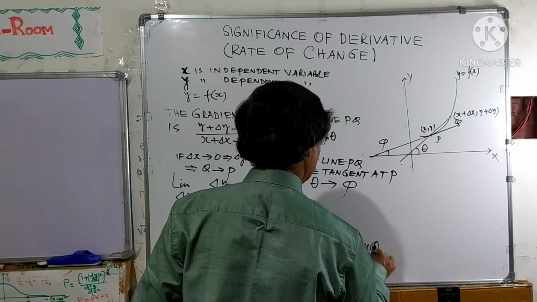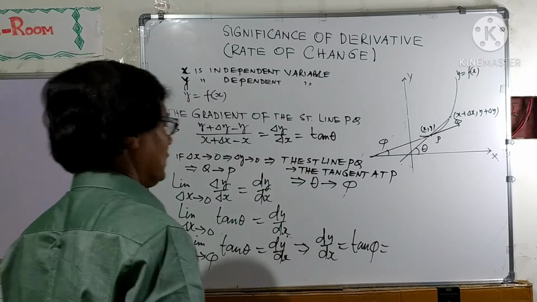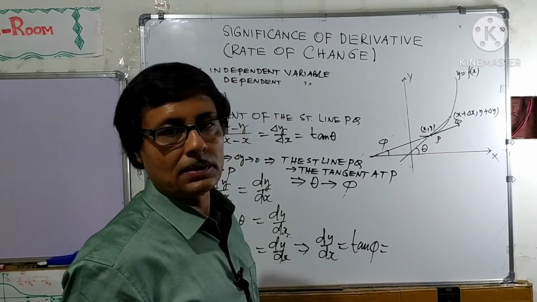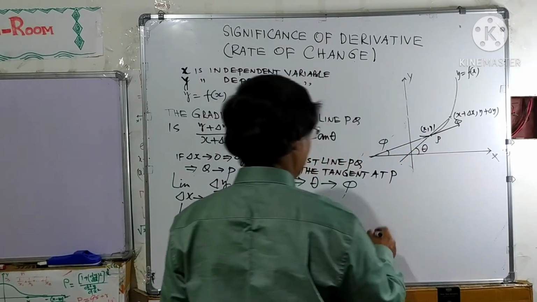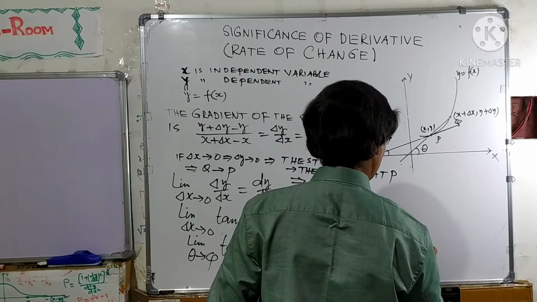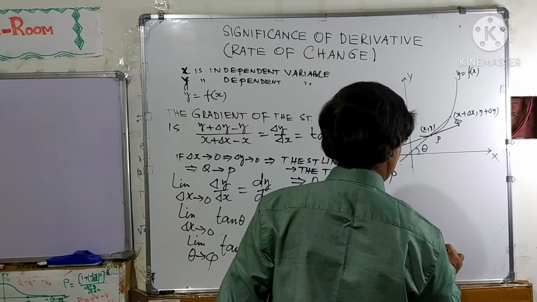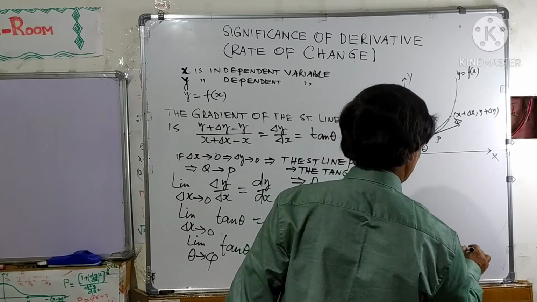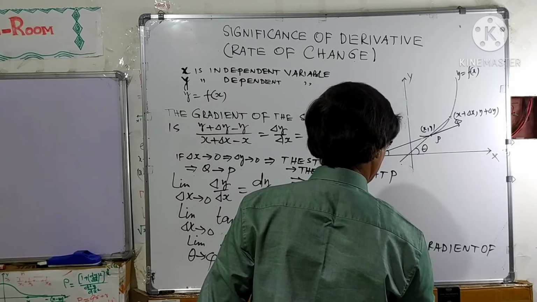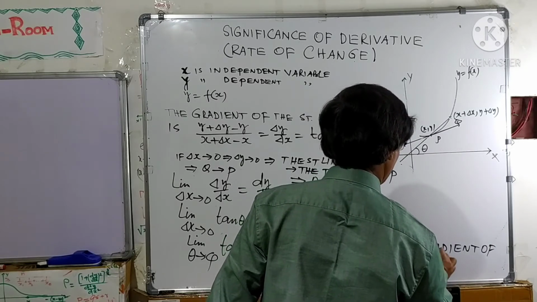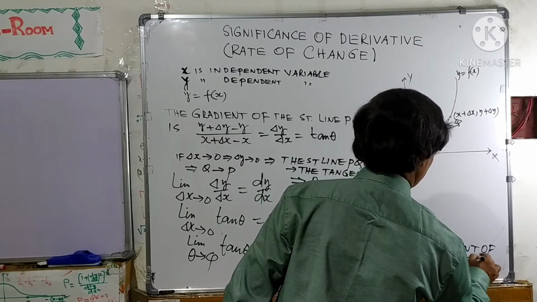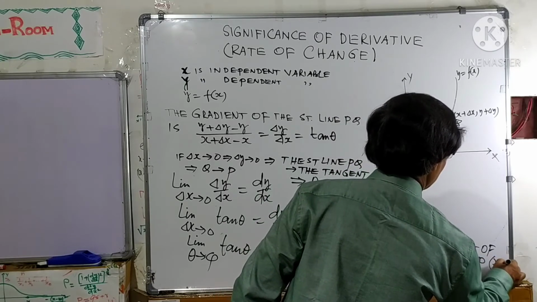This tan phi means the gradient of the tangent at P, that is (x, y).